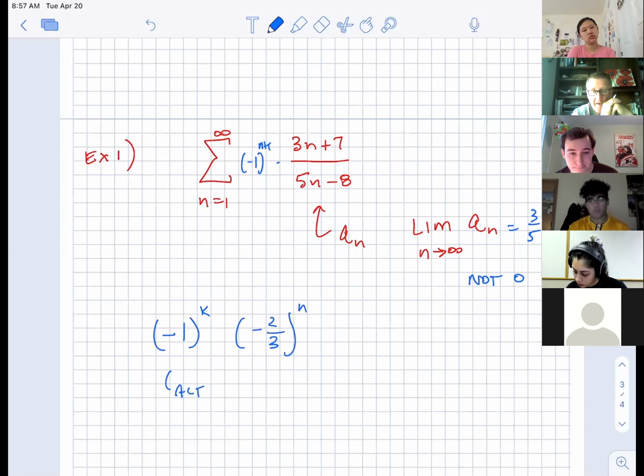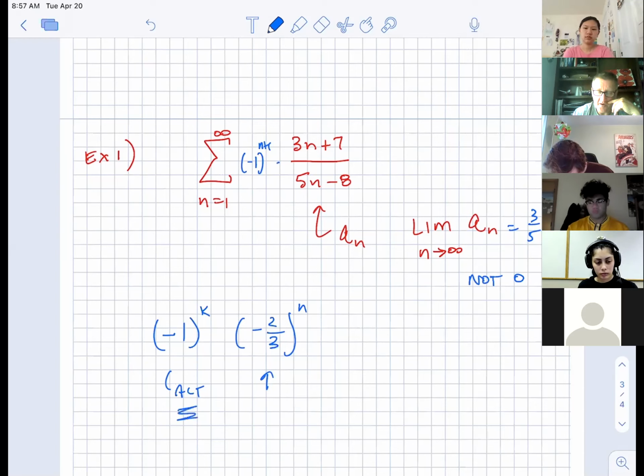Because when it's to the 1, this will be a negative number, but when it's to the 2, that'll be a positive number, and when it's to the 3rd, it'll be a negative number. So now the negative signs are maybe a little screwed up. The examples I started with were such that the alternating part was automatically the whole thing that caused anything to do with signs. But early on that would get screwed up.